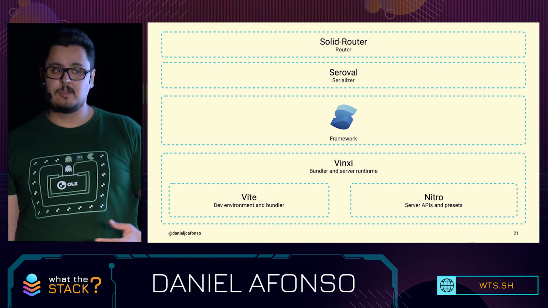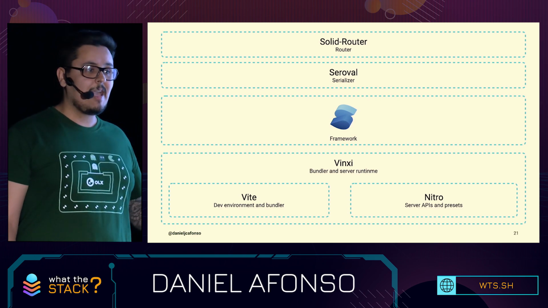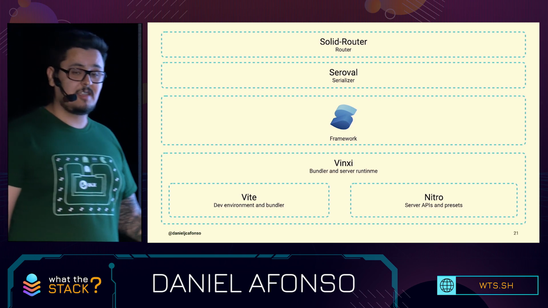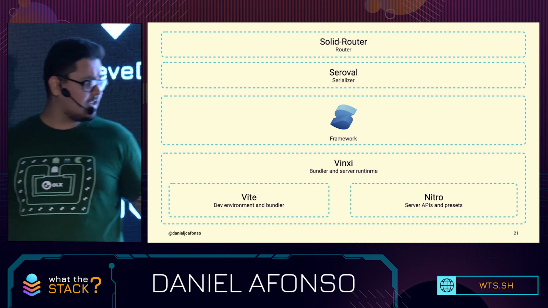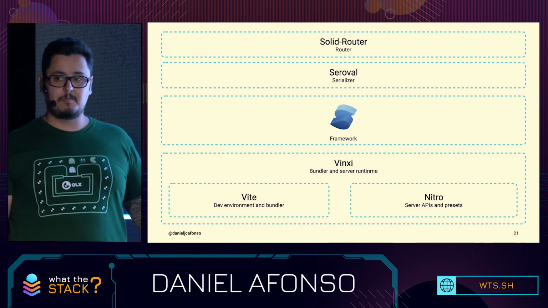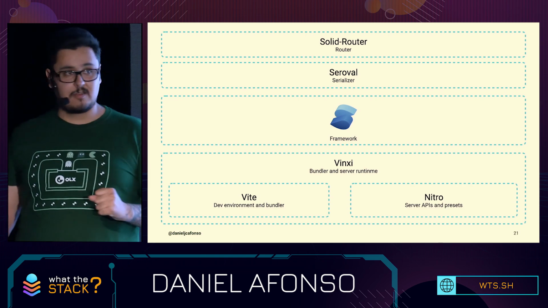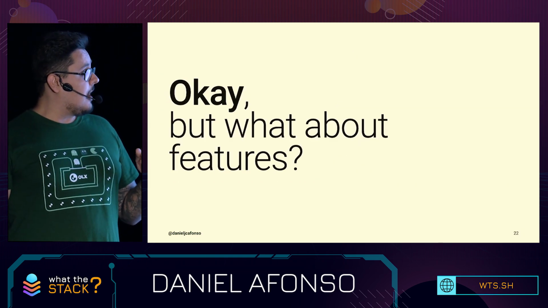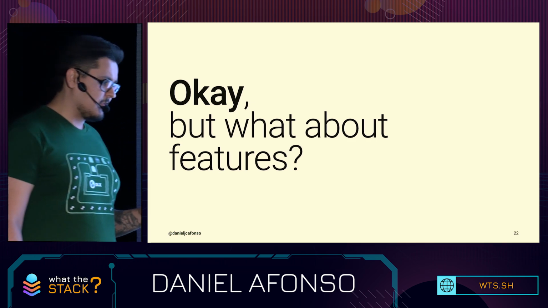If we find an issue, and that issue is fixed, it will affect people from Next. If people from Analog find an issue and it's fixed, it will help us. So we are all growing together. So Vinxi is basically a thin layer built on top of these things to piece them together and help do some extra stuff that we need in SolidStart.